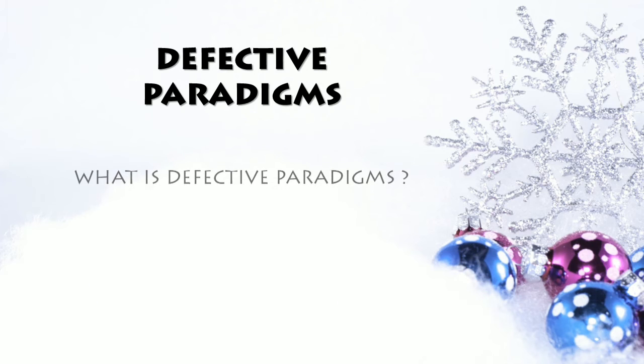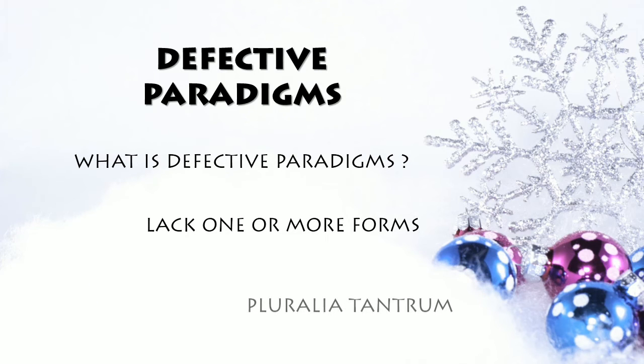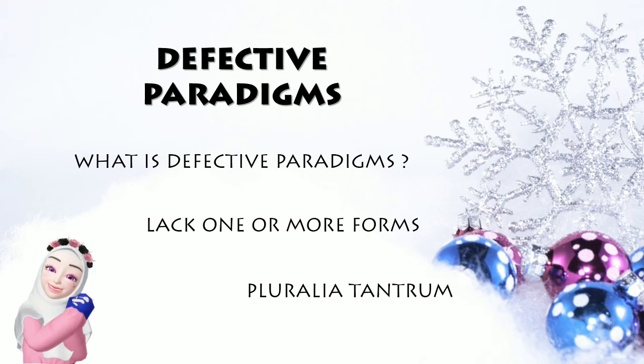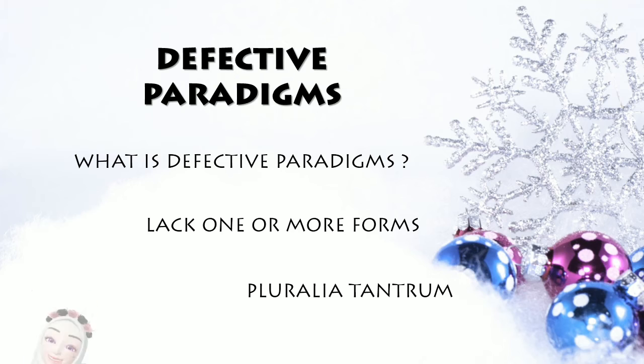Okay, the next material is defective paradigm. What is defective paradigm? Defective paradigm is the situation where some regular inflectional forms of a lexical category are missing in a number of words, or one or more forms.